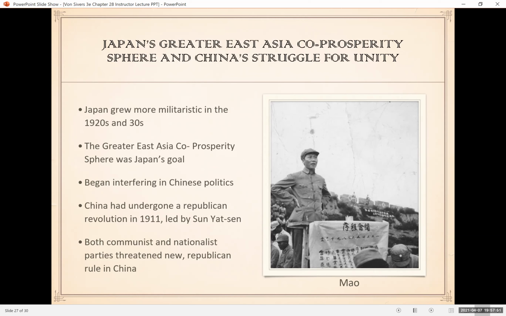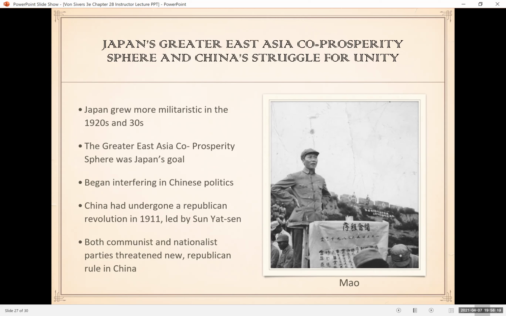But China had gone through its own revolution. It had tried to get rid of the emperor, and there was a nationalistic revolution happening in China in 1911 under the leadership of a man named Sun Yat-sen. And he tried to set up a republican government.